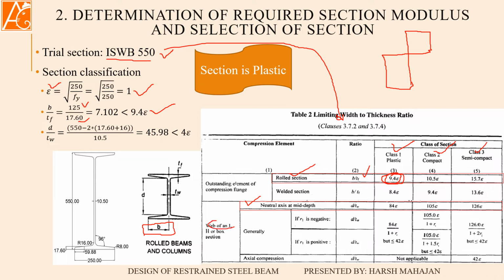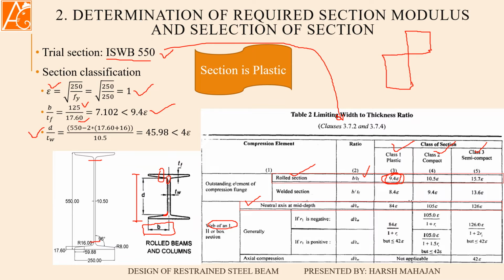Now for the web of the section, we have to calculate the depth by thickness of web ratio. This d is actually the depth of the web only. Depth of web is equal to total height minus thickness of flange and the curvature of the root radius.